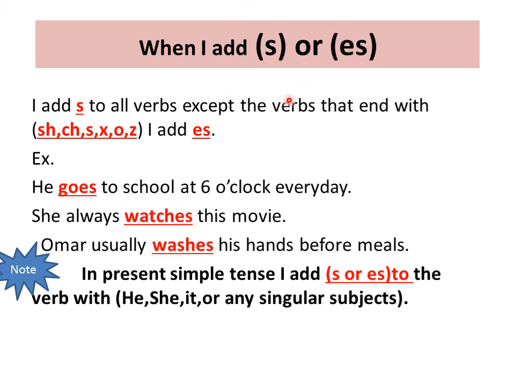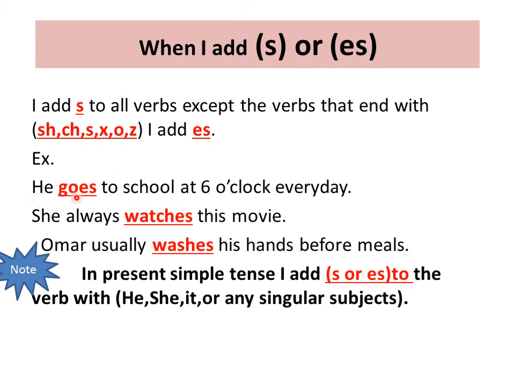If your verb ends in sh or ch or s or x or o or z, I add es. If I have one of these endings, I add es. Other verbs, I add only s.